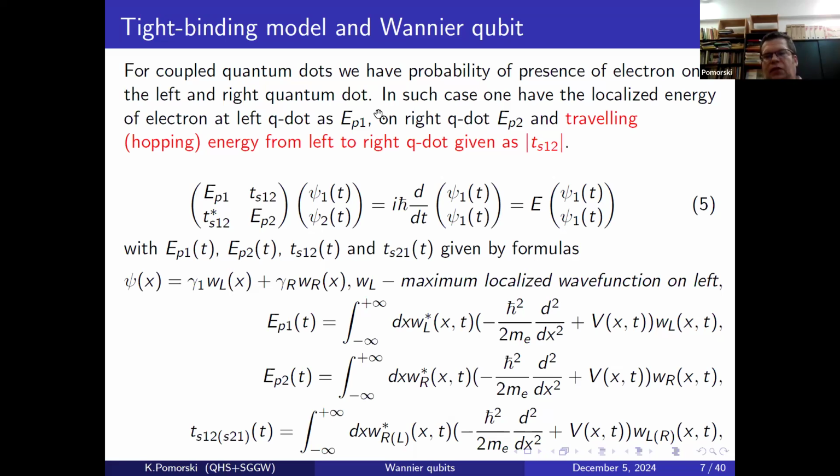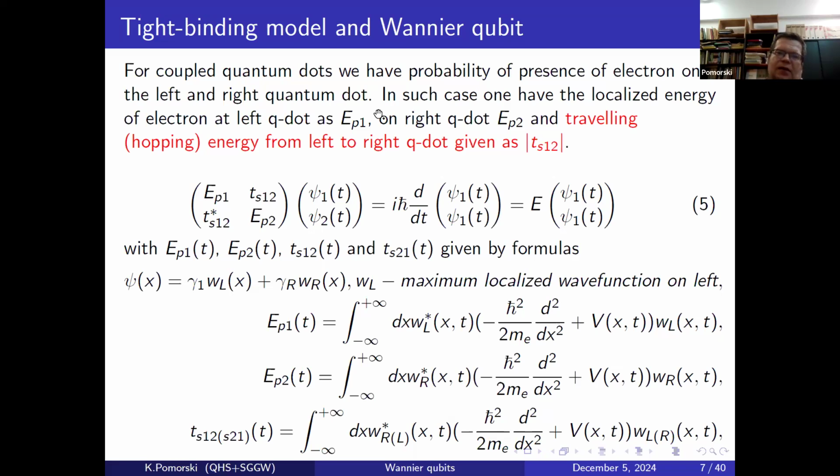So basically, if we are able to encode your system by Wannier functions, then it's linear. Wannier functions are maximally localized wave functions on the left and the right quantum dot, VL and VR. And naturally, the wave function is a superposition of two Wannier functions.